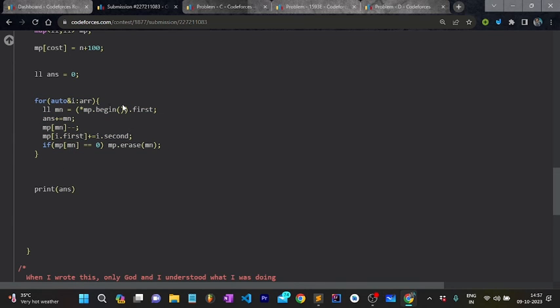We are first of all taking the mp.begin, means the first minimum value that we want to take announcement from, and we are adding that particular cost to our answer, and we are decreasing the amount of that particular person, and then we are decreasing the limit of that person, that minimal person, by 1. And if the limit has been reached, then we are just erasing that particular thing. And here we are maintaining the values, that how many persons with that particular cost this person can share.